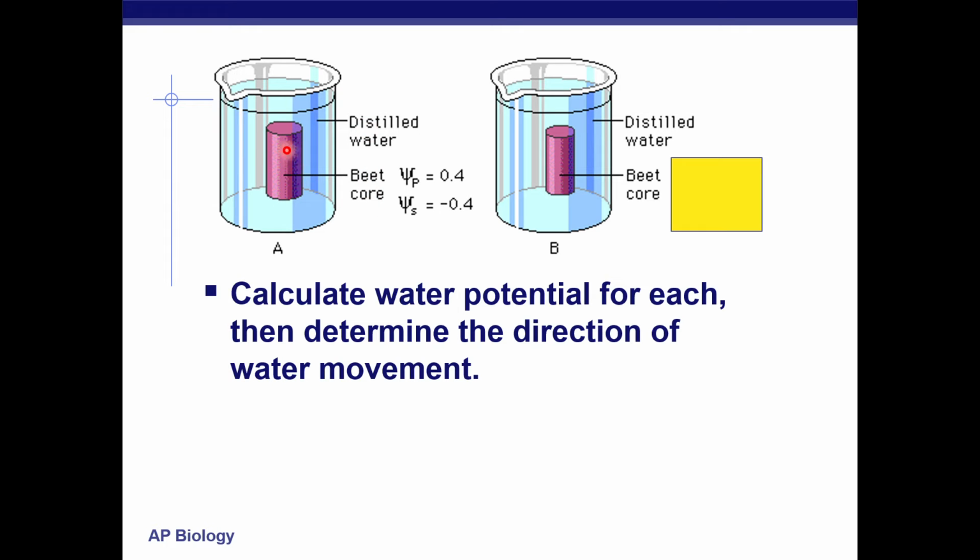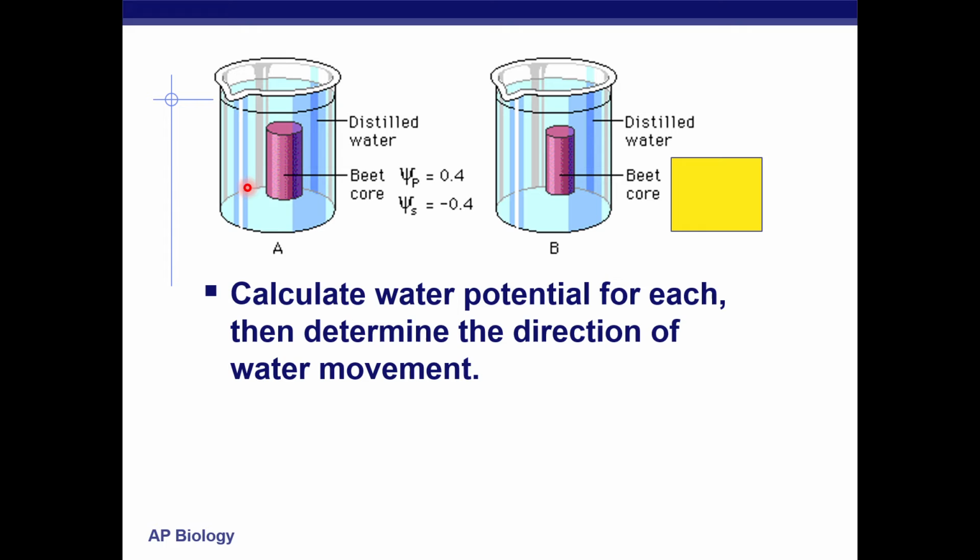The beet core, like a beet and a bunch of plant cells, they are giving us a pressure potential of 0.4, and a solute potential of negative 0.4. Remember that the formula for water potential is water potential equals pressure potential plus solute potential. So 0.4 plus a negative 0.4 gives me 0. I already know distilled water has a water potential of 0. Now the beet core has a water potential of 0.